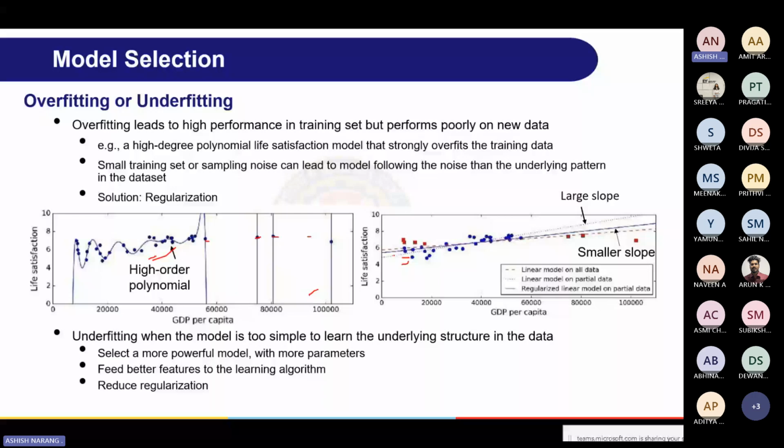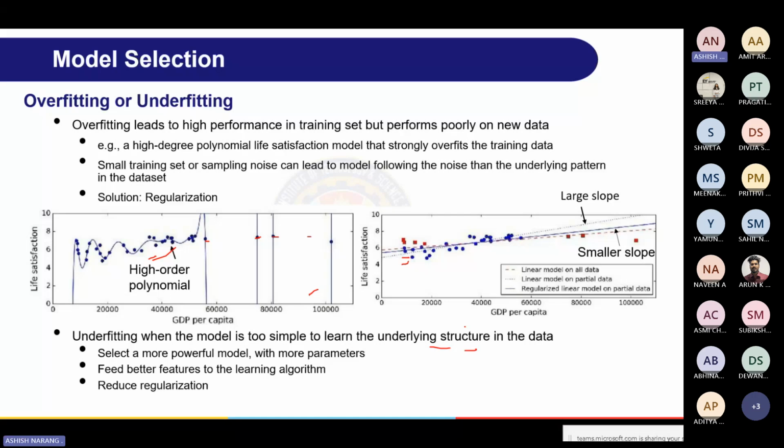Underfitting means that your model is not aligning itself with the training data. The model is too simple to learn the underlying structure of the data. So maybe I've just picked, let's say, linear regression, a straight line, where I need a polynomial curve. That will be too simple.